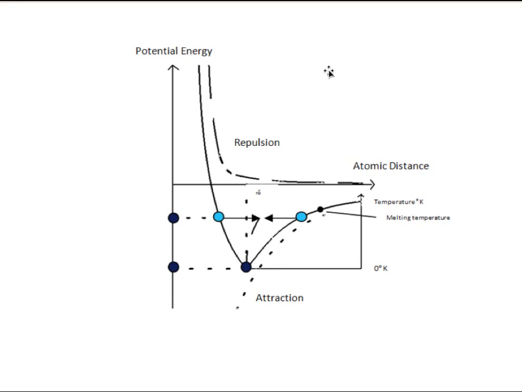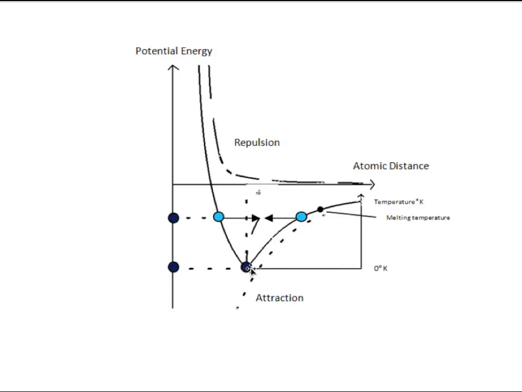Here again is the potential energy curve, as we see it here, which consists of the sum of the repulsion forces and the attraction forces. We have looked at this minimum point and said that this is actually the atomic distance. But if you look closely, this is only valid at 0 Kelvin temperature.